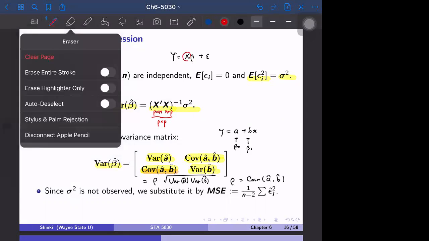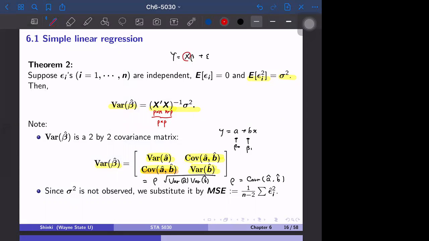So this is an n by 2 matrix, because the first column is constant and the second column is the variable x. So totally X transpose X is a 2 by 2 matrix. Then inverse, and sigma square is just a scalar. So the variance of beta hat is a 2 by 2 matrix.